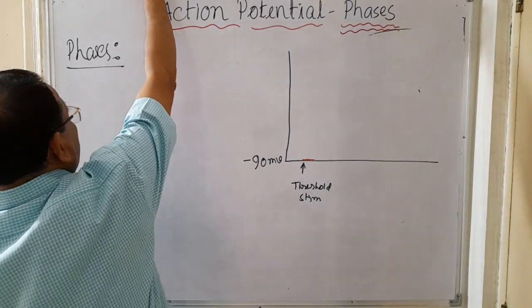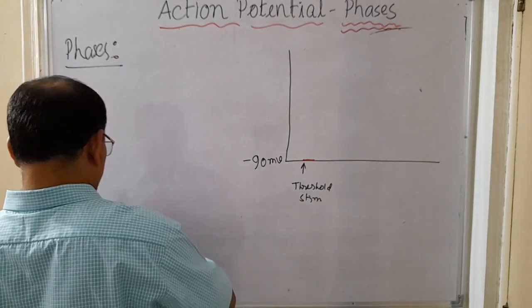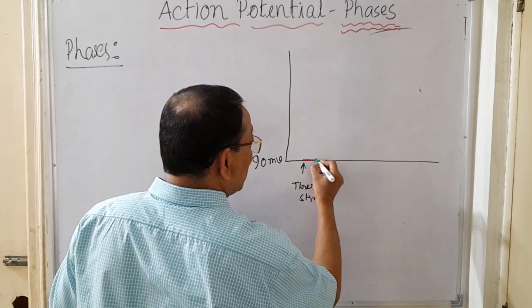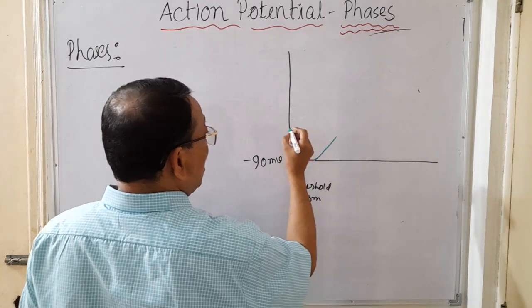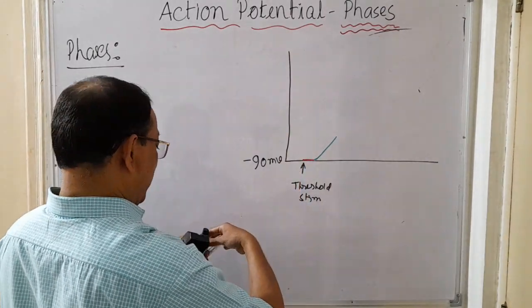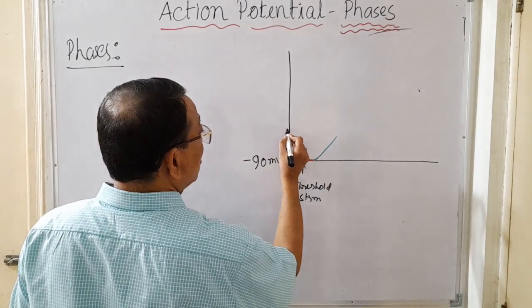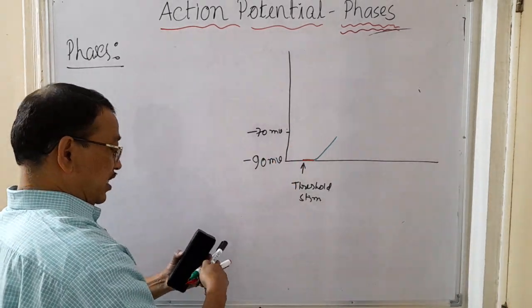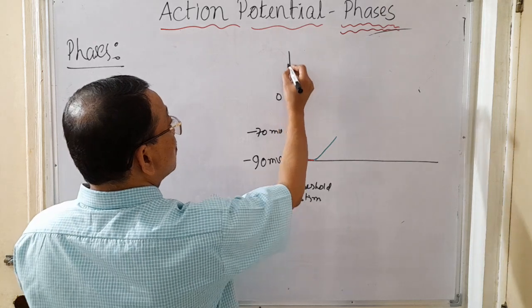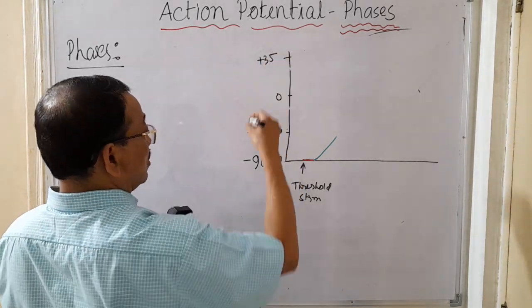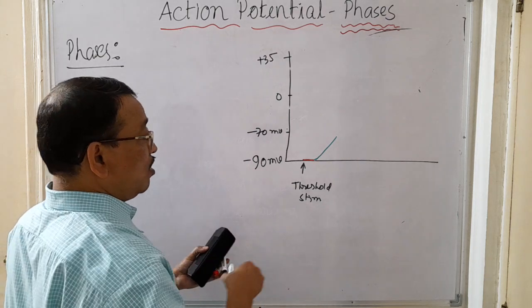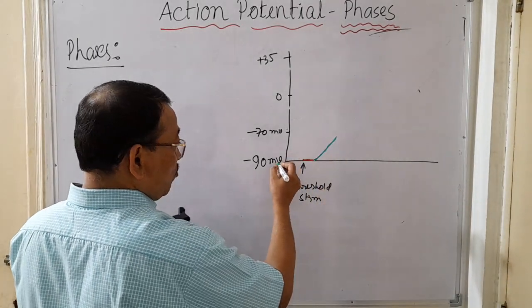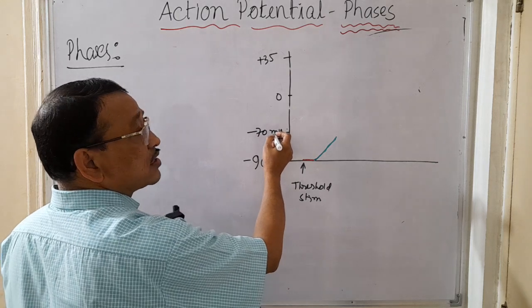After that, there is a gradual fall of the membrane potential up to minus 70 to minus 75 millivolt.